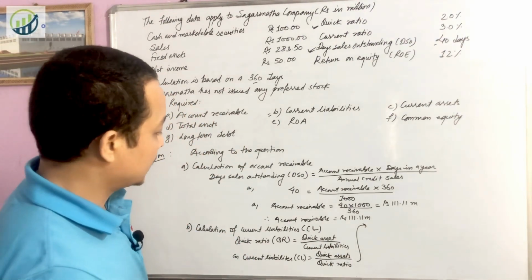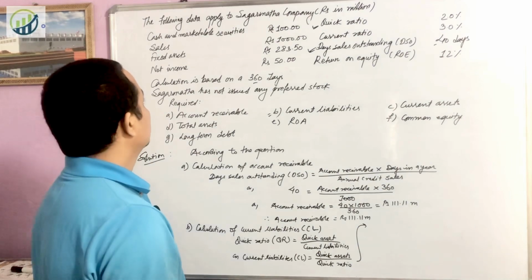To find the quick assets, let's see the items given in the question.